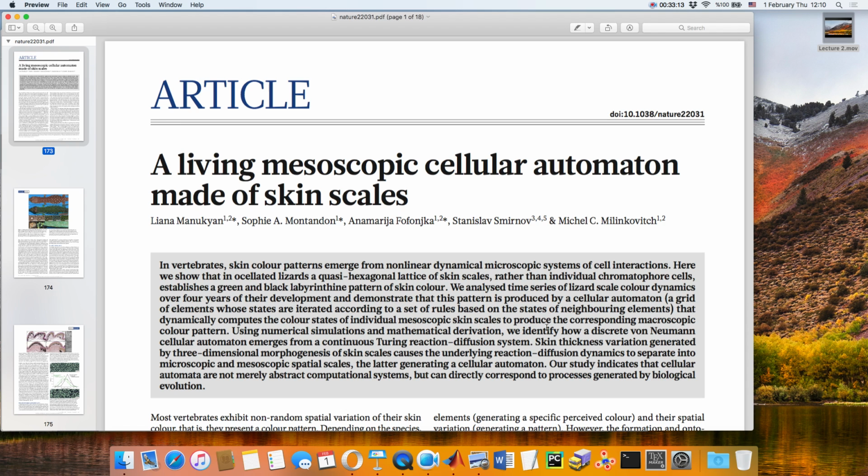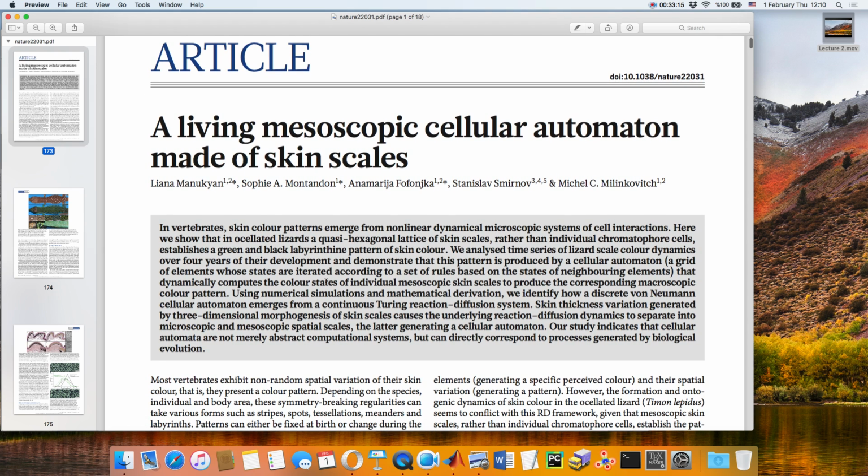And let's read this beautiful passage. Using numerical simulations and mathematical derivation, we identify how a discrete von Neumann cellular automaton emerges from a continuous Turing reaction diffusion system. So these two guys that appeared in one slide appear here in one sentence, right?